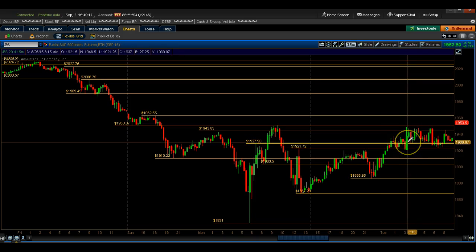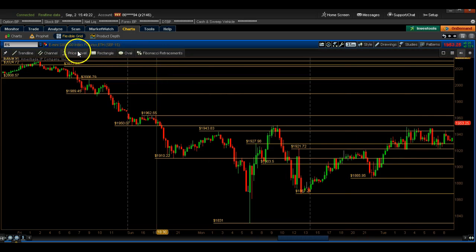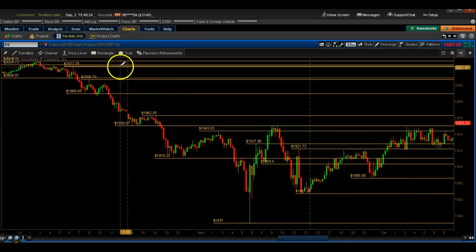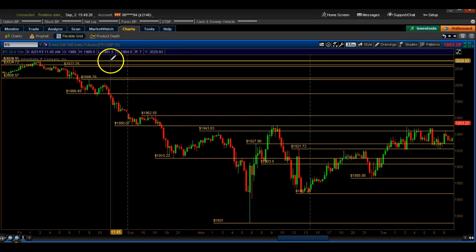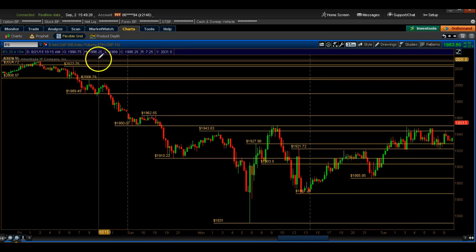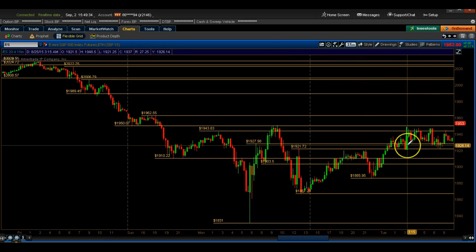If you put your mouse over the candle, up in these levels, right above my cursor right here, you'll actually see the range, the price, and all that. So I can put my mouse on the candle. I know the low is 1921.25.